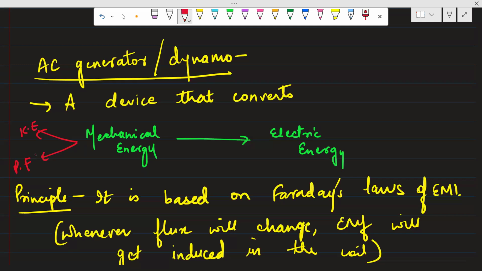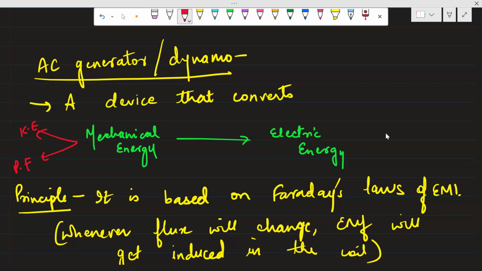So kinetic energy and potential energy are the mechanical energies which are related to movement, or you can say kinematics of the body. That is what is meant by kinetic and potential together, basically mechanical energy. In class 11th, you must have at least studied that mechanical energy is conserved. So this is a part of it.